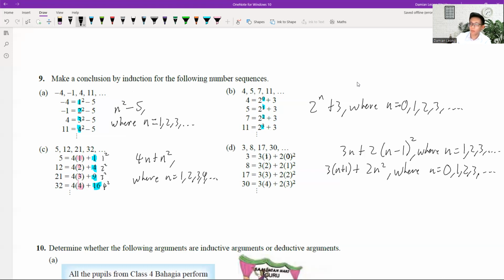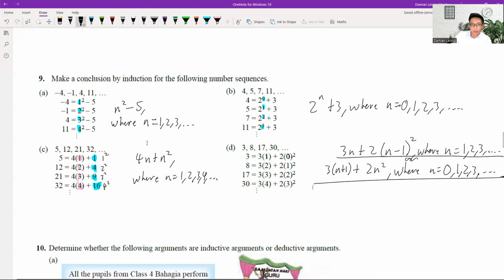Either one is fine. In the textbook answers, they only gave the first one, but the second one should be acceptable as well, because there's no specification whether you start from 1 or 0. So both can.